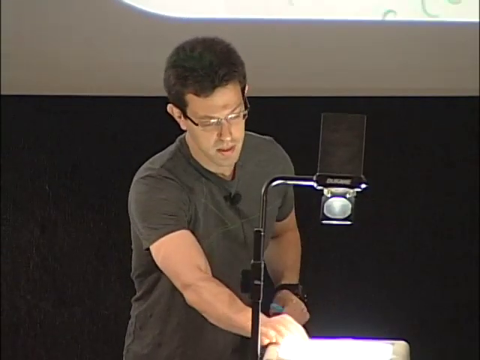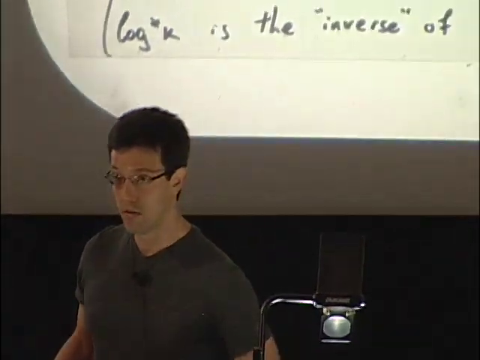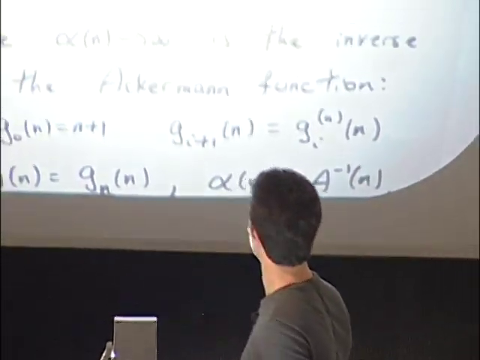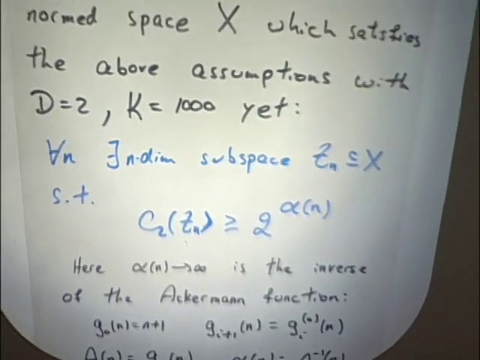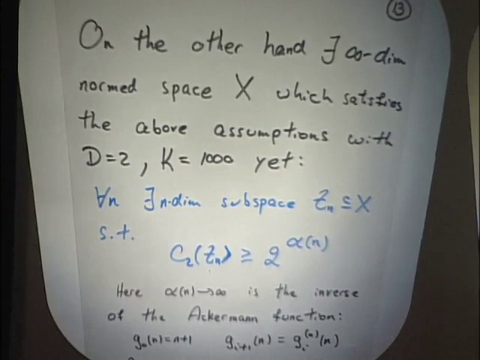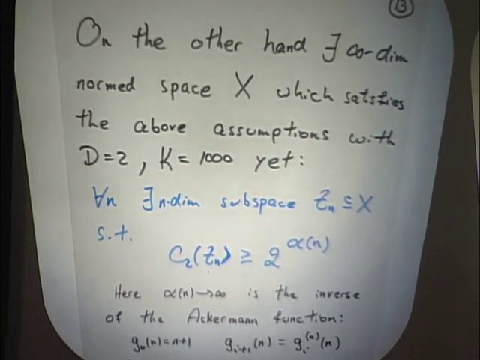There is some way to do it. You use a lot of machinery from Banach space theory. But the surprising thing is that it seems like an artifact of the proof that we get something tending to infinity very slowly, as if we're doing something wrong, but that's not true. We can construct an infinite dimensional normed space which satisfies these statements. So it is true, it satisfies Johnson-Lindenstrauss. Any n points in it embed into a log n dimensional subspace of it with factor 2. You can do 1 plus epsilon if you want.